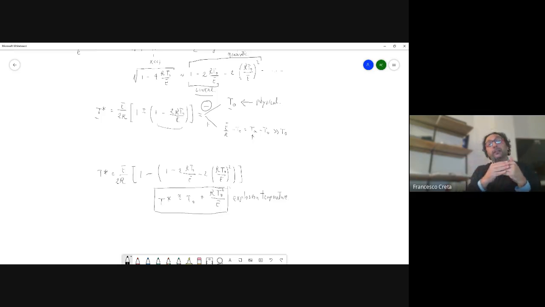So you have to bring the system to a temperature sufficiently above T0 by this amount here, and if it is sufficiently above, it will explode.